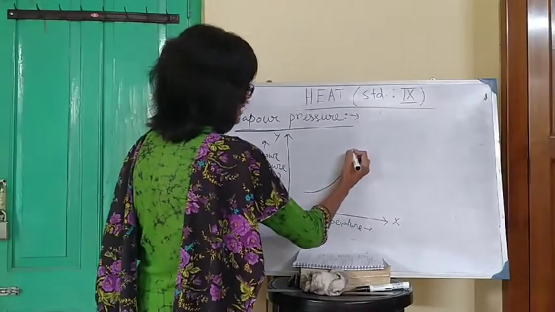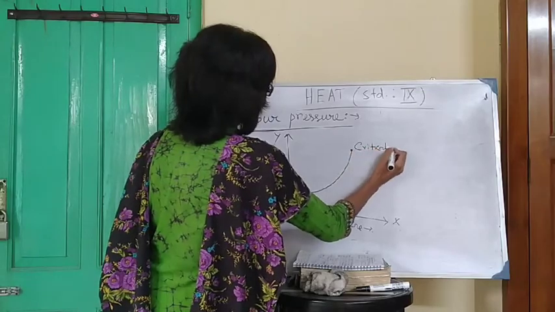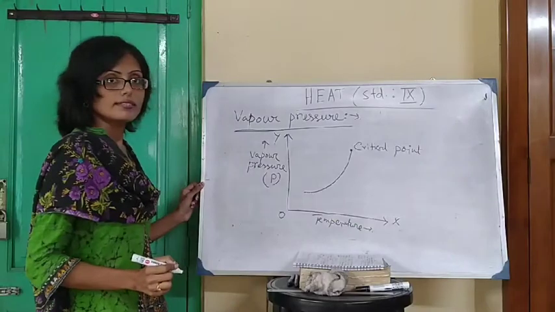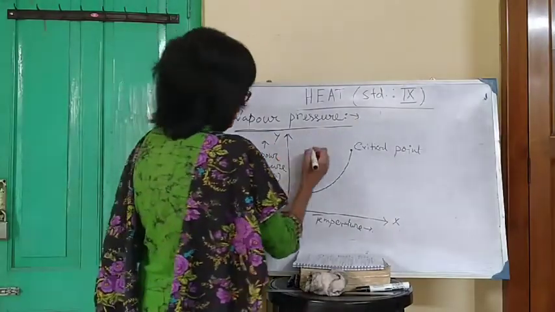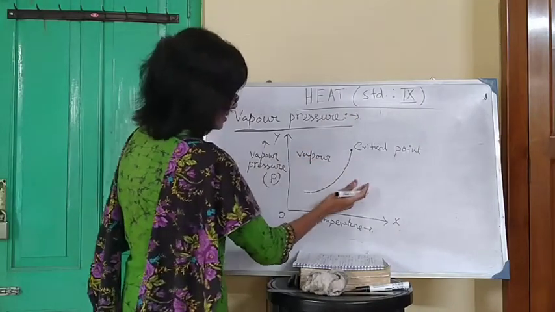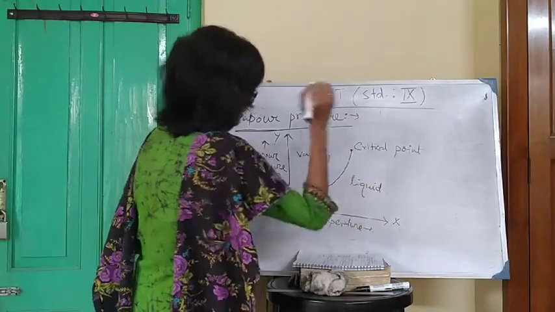This end point is known as the critical point. The part above the curve is vapor, and this part is liquid.